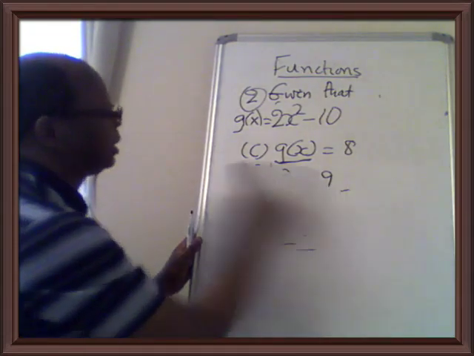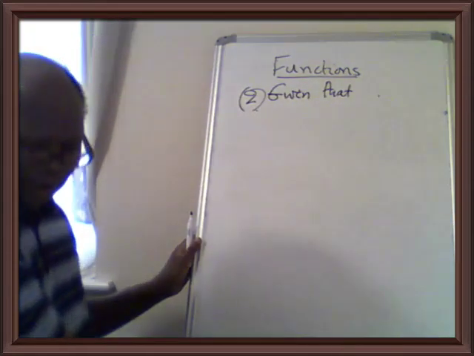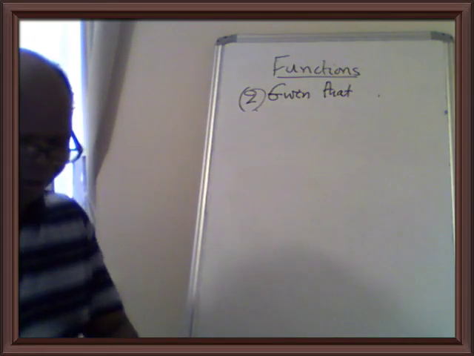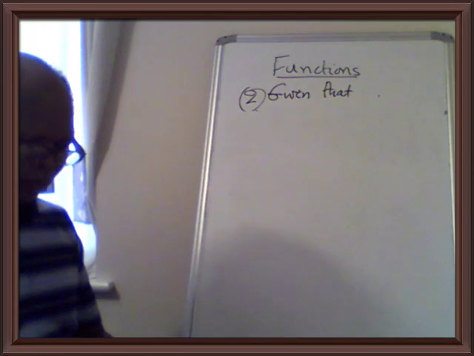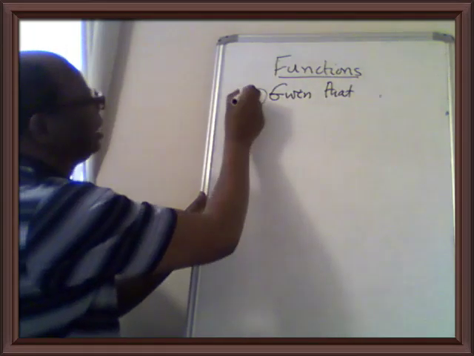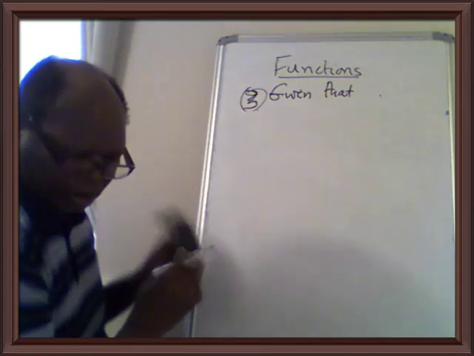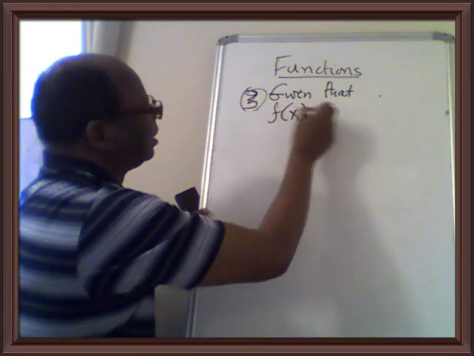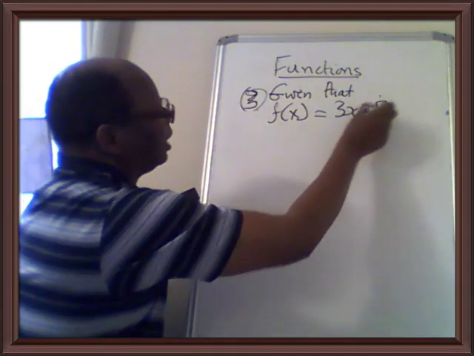Right, let's continue. Let's see the next question. Question 3 says, given that f of x equals 3x minus 5.